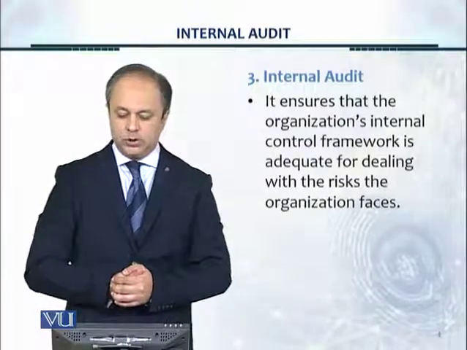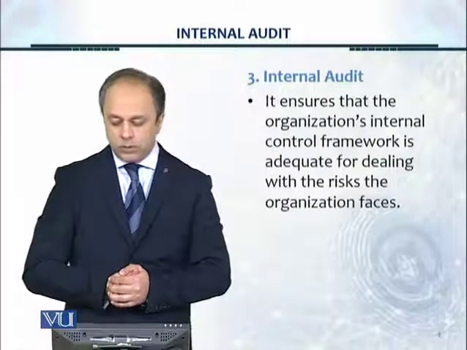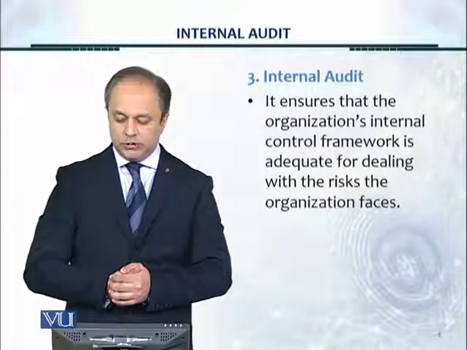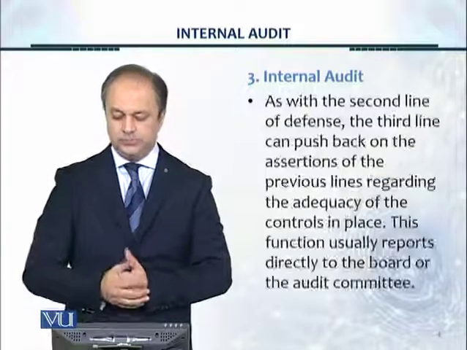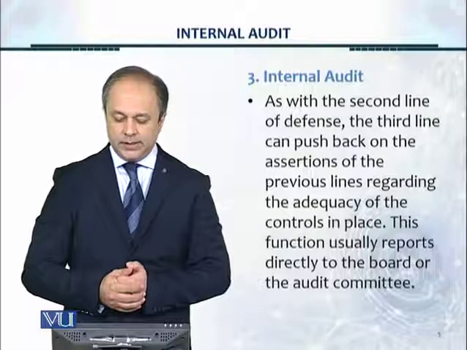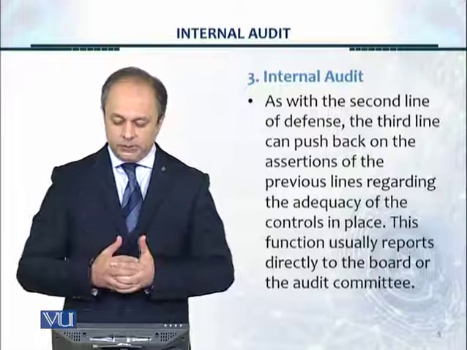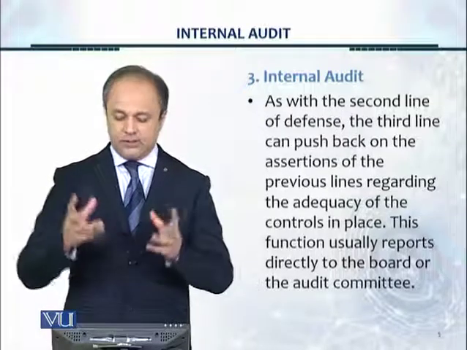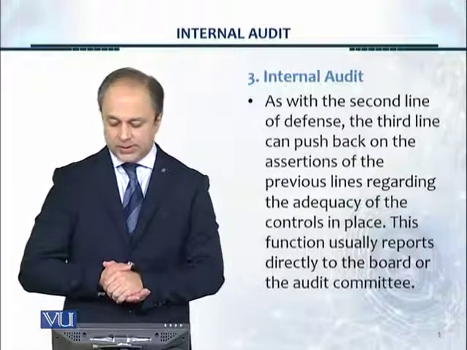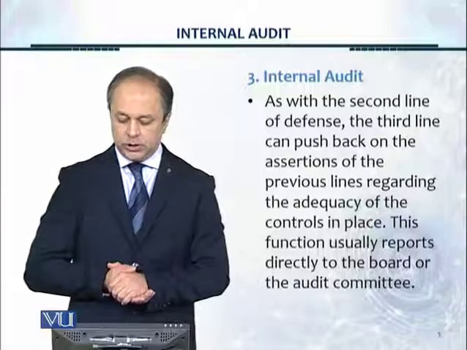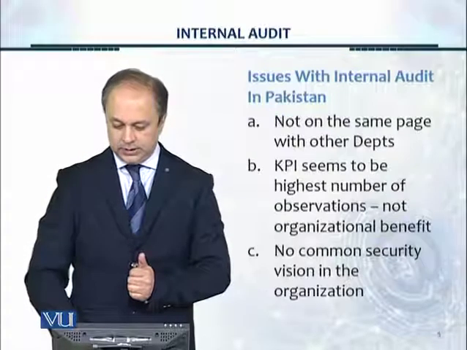It ensures that the organization's internal control framework is adequate for dealing with the risks the organization faces. As with the second line of defense, the third line can push back on the assertions of the previous lines regarding the adequacy and effectiveness of the controls in place. This function usually reports directly to the board or the audit committee.